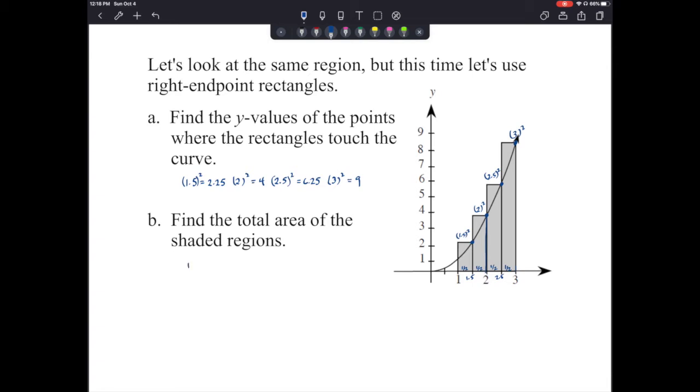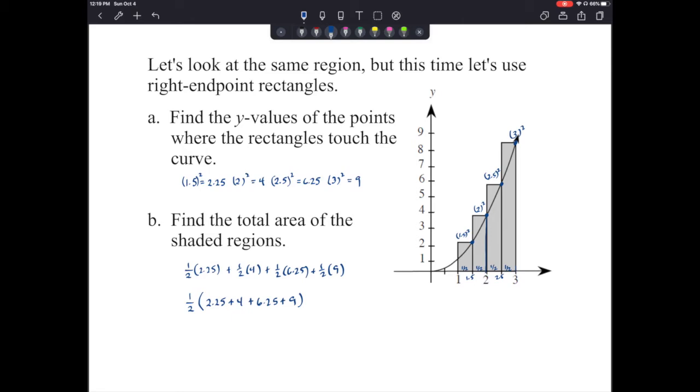And if you want to write them out, 1/2 times 2.25 plus 1/2 times 4 plus 1/2 times 6.25 plus 1/2 times 9. You can do that. I don't know why I just did that. I was telling you you can do it. Or like I said, you can also just factor out the 1/2 and do 2.25 plus 4 plus 6.25 plus 9.